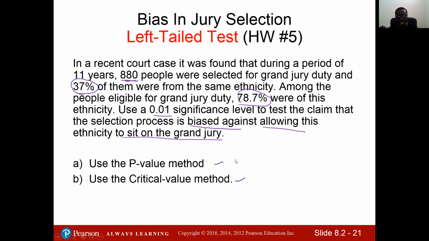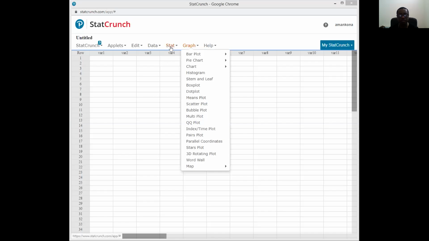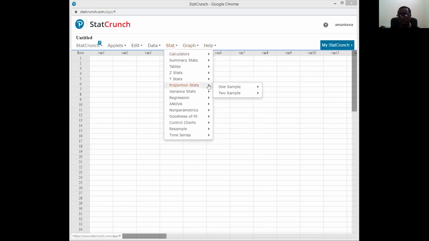Now, one thing that I didn't show you is using StatCrunch to find the critical value for the other one. So let me show you that and go back. We found 1.645 from the previous question as the critical value.